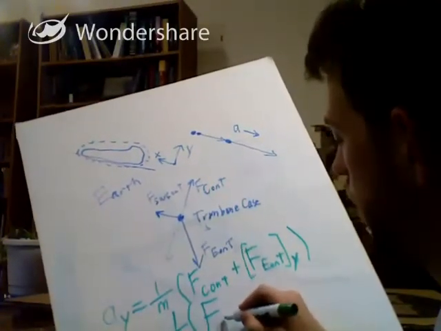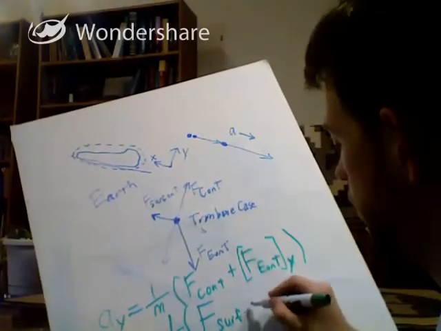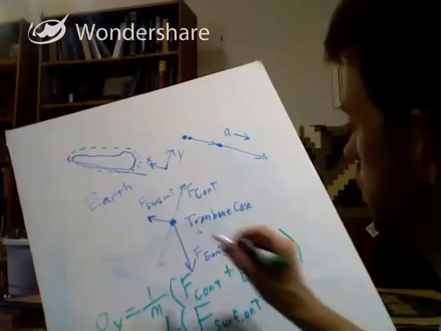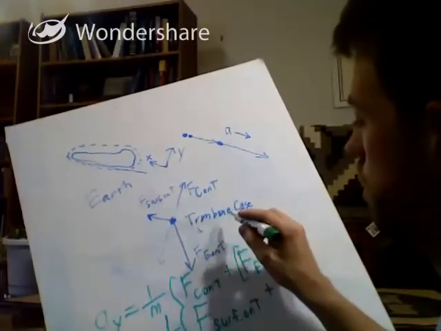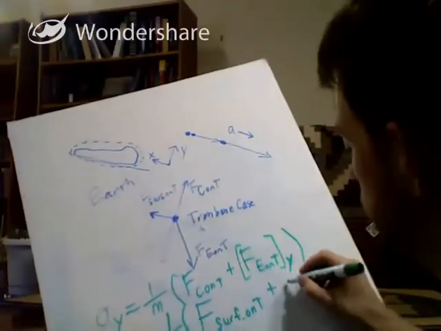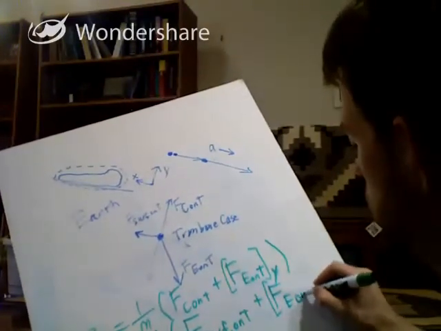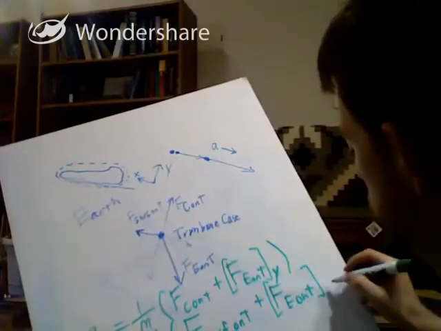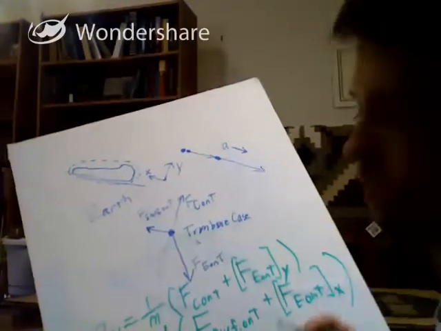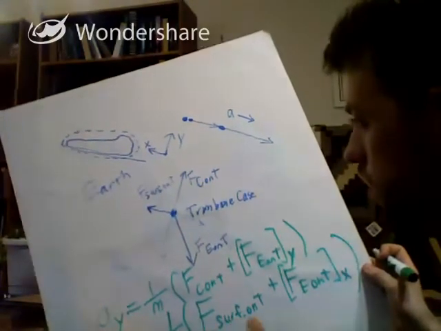That's the parallel frictional force, plus the horizontal component of the force the Earth exerts on the trombone case. Bam. Alright.